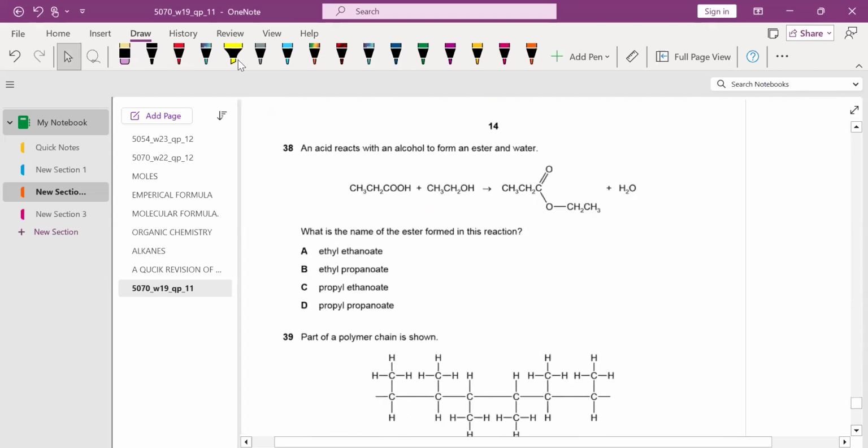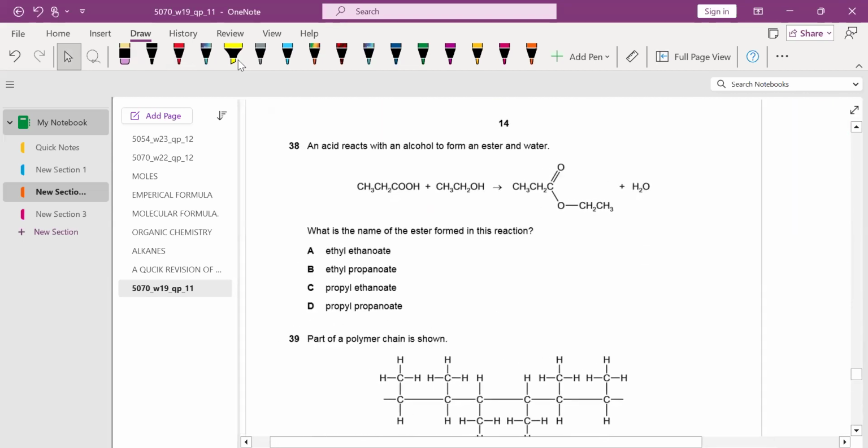Question number 38. An acid reacts with an alcohol to form an ester and water. The equation is given. What is the name of the ester formed in this reaction? You need to write the name of the ester formed. Let's count the carbons. 1, 2, 3 carbons.